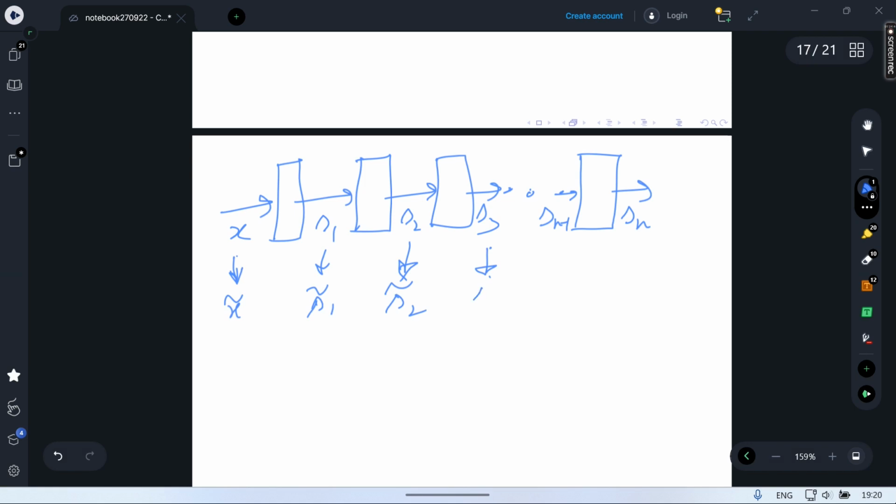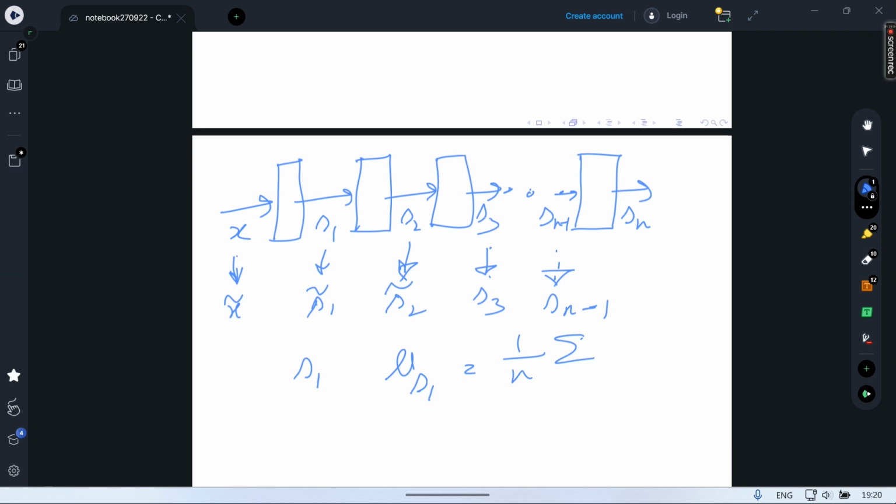However, the problem is how will you normalize it? Well, it's very easy. You have S1. You calculate the mean of S1 by taking the average of S1 over all training samples.